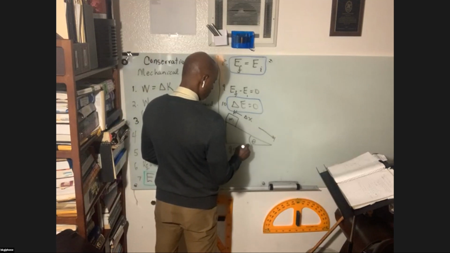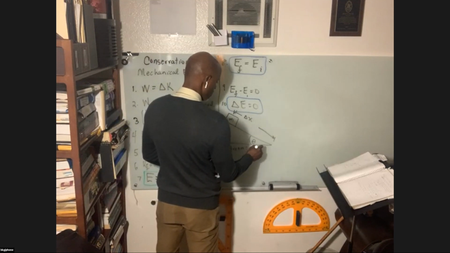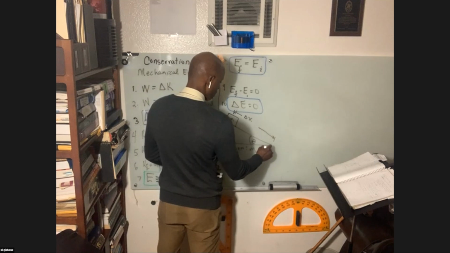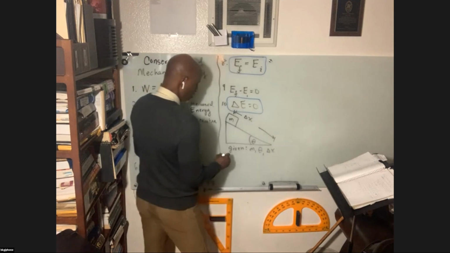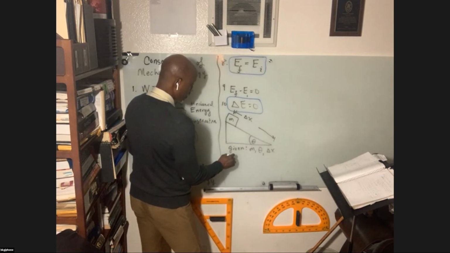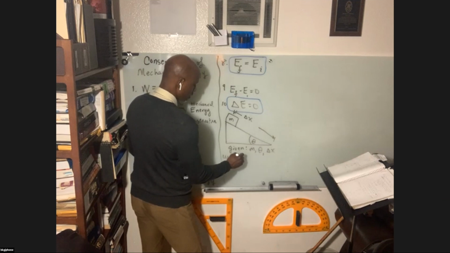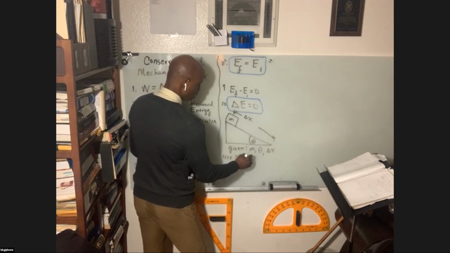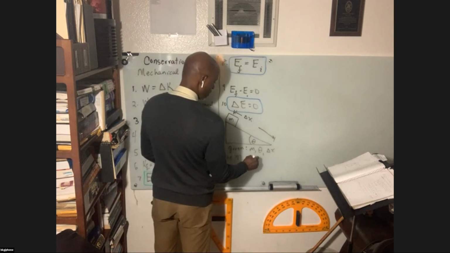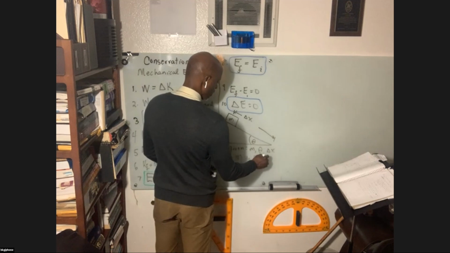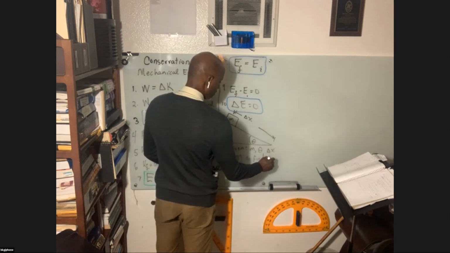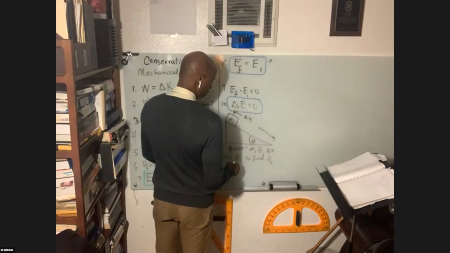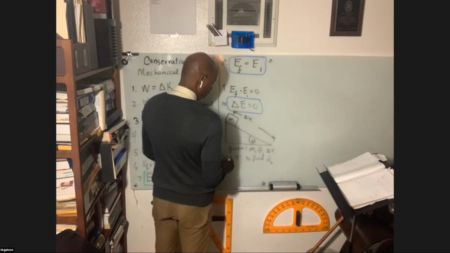Given M, theta, and delta X, use conservation of energy, namely equation 8, to find, let's call it V2, if V1 equals V0 equals 0.